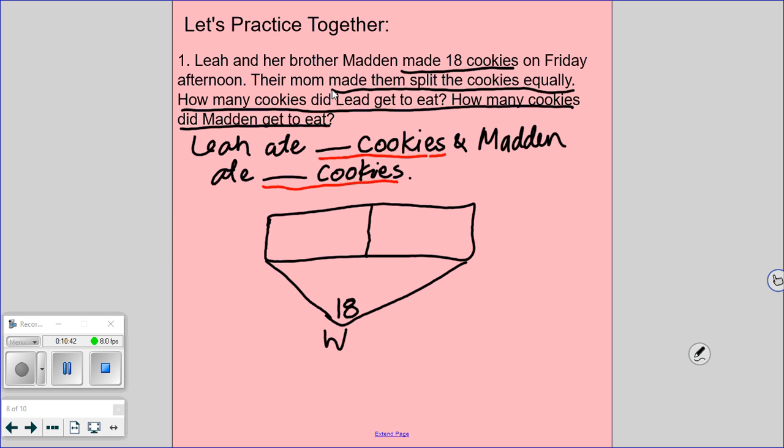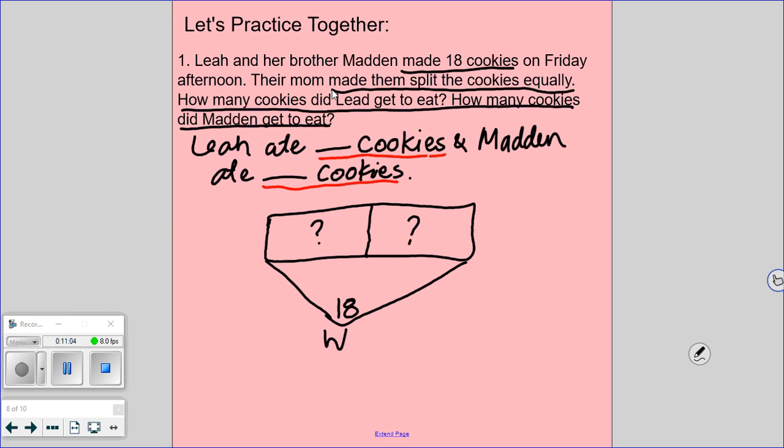Do I know how much Leah got? Nope. Question mark. Do I know how much Madden got? No. Question mark.